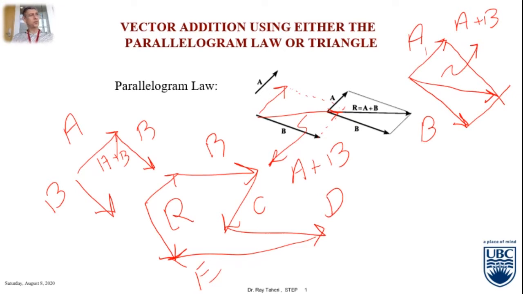But this is not what we commonly practice in statics. There is a much easier way to do this, which is the Cartesian notation. I will discuss that with you.